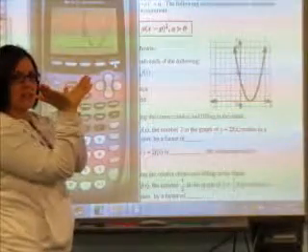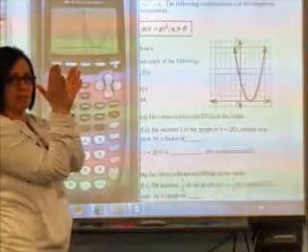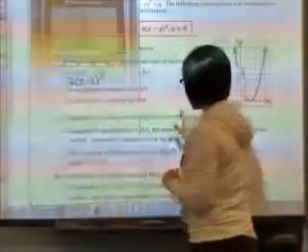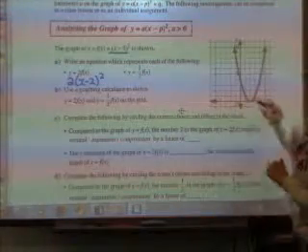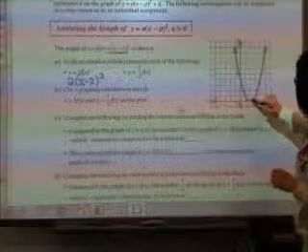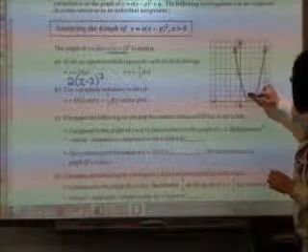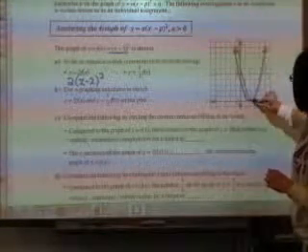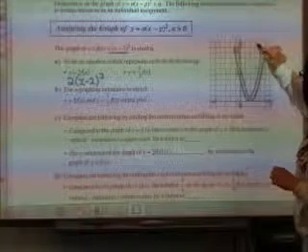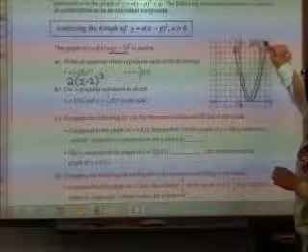It makes it skinnier. So if I did a quick sketch of what this looked like, it made the graph skinnier. That was my 2 times x minus 2 squared.